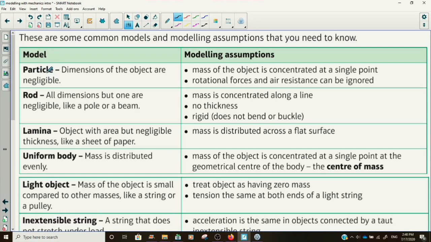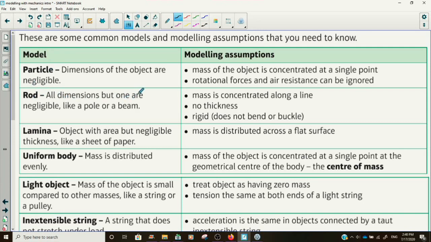It has no size. Essentially any forces acting on the object act at a single point. And when we model objects as particles, it means that we're not going to take air resistance into account, and we can ignore any rotational forces on that object.